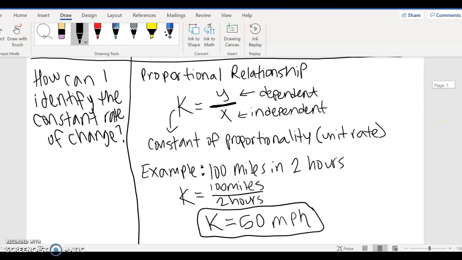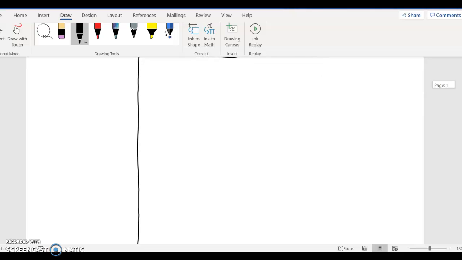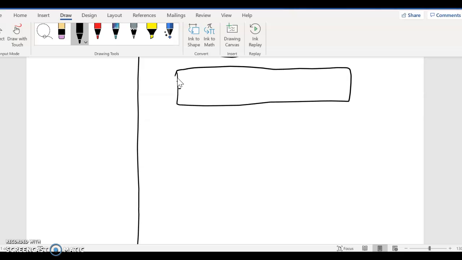Okay? So now we're going to take that information and kind of expand it and put it in a table. So we have our X represents our hours, and our Y represents our miles.